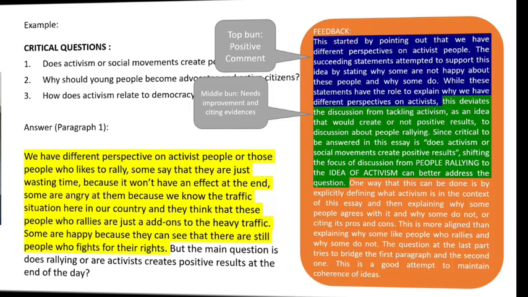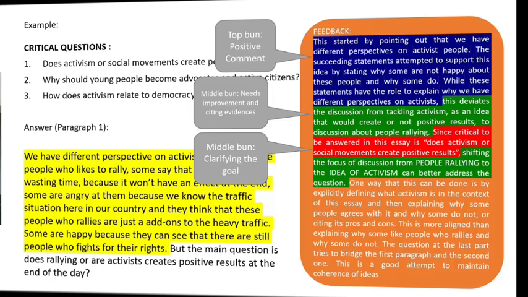So, for example, on the continuing comment, this deviates the discussion from tackling activism as an idea that would create positive or not positive results to discussion about people rallying. Since the critical question to be answered in this essay is, does activism or social movements create positive results? Shifting the focus of discussion from people rallying to the idea of activism can better address the question.